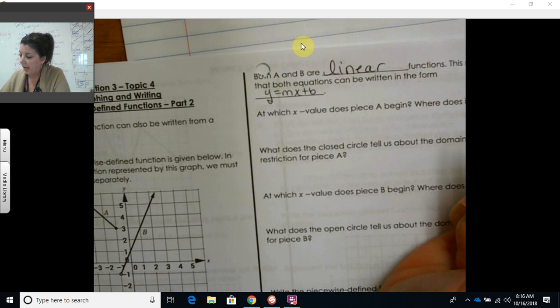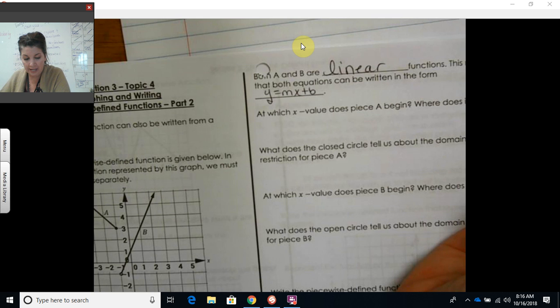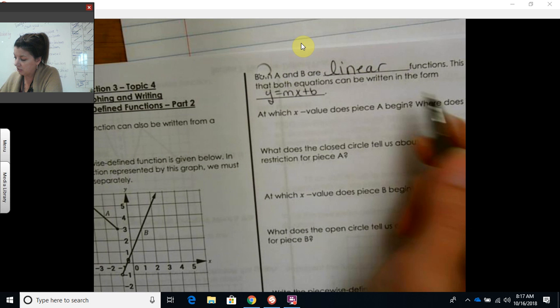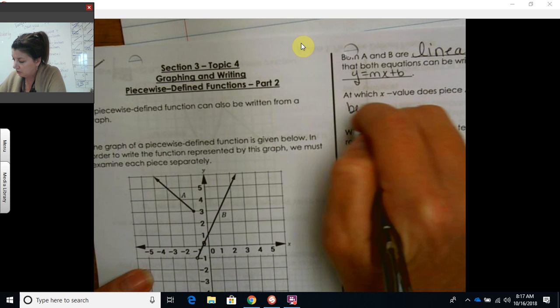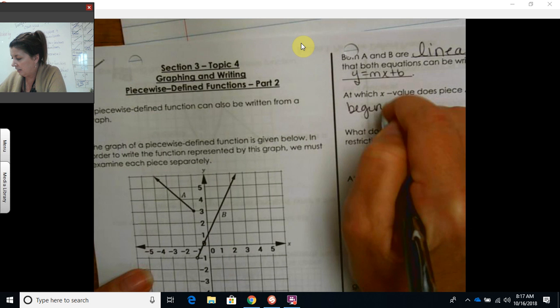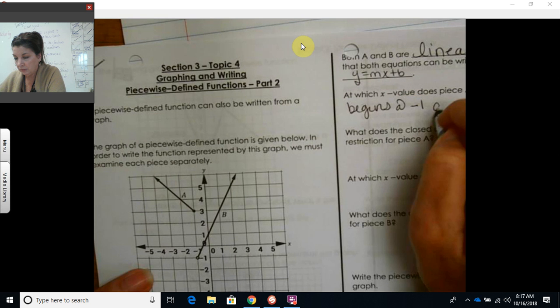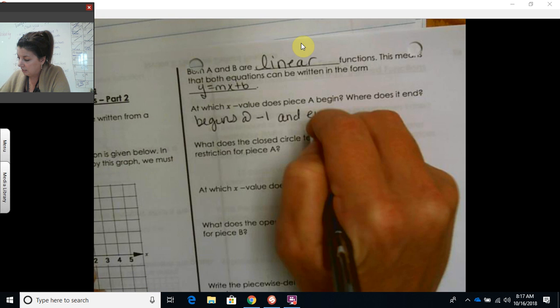At which x value does piece A begin and where does it end? -1 to where? -1 to negative infinity, right? Exactly. So piece A starts at -1 and goes all the way to negative infinity. So it begins at -1 and ends at negative infinity.